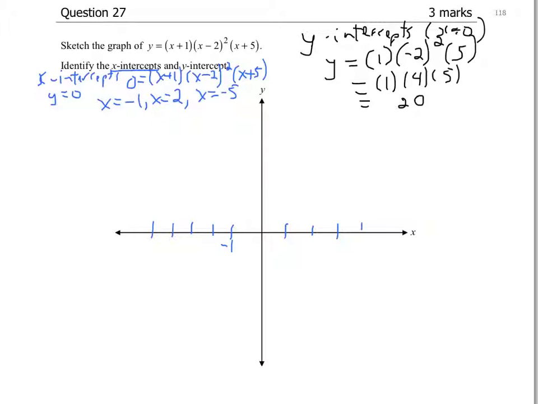And so let's put the x-intercepts on. The first x-intercept is negative 1. And then a positive 2. And then a negative 3, or sorry, negative 5.